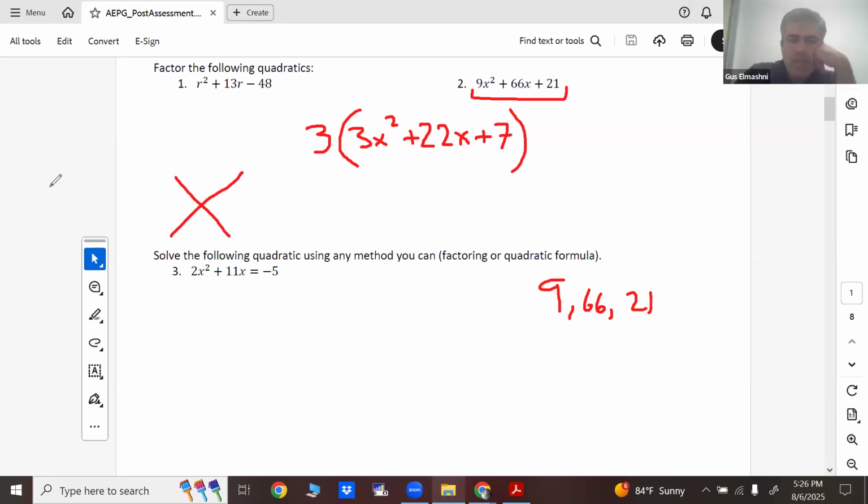To do A times C, and you put B down here. So what two numbers multiply to 21 and add up to 22?